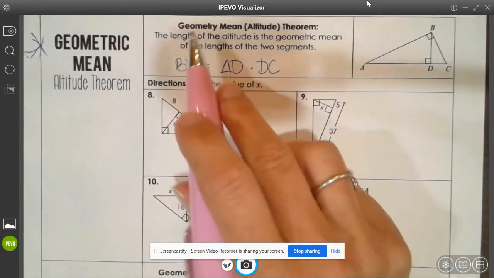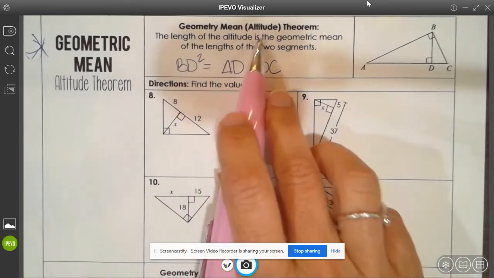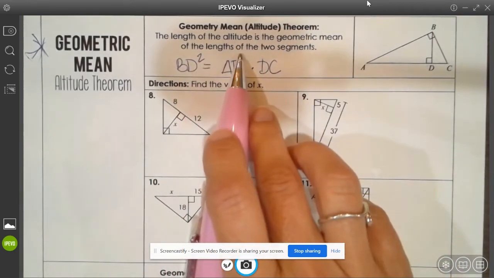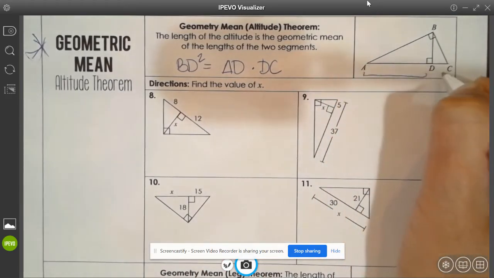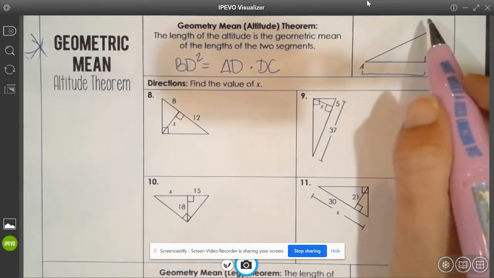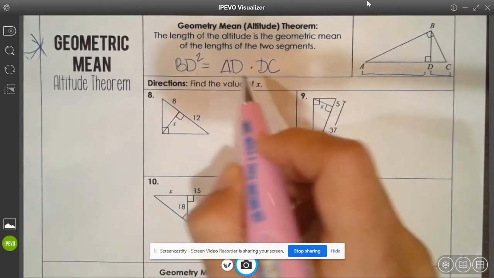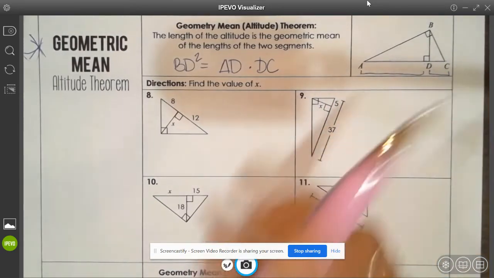So it says, geometric mean altitude theorem: the length of the altitude is the geometric mean of the lengths of the two segments, so this length and this length right here. Notice that the altitude squared equals AD times DC. That's all it says here.